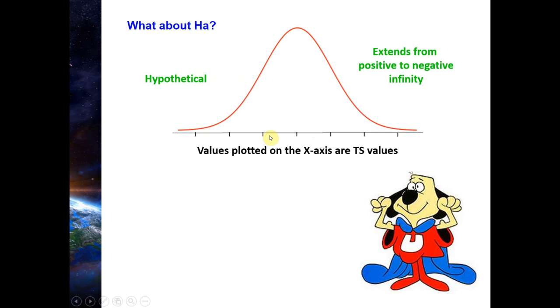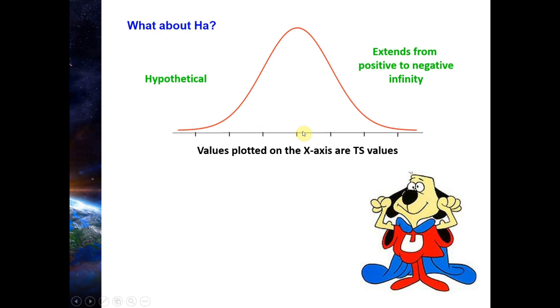Now, if you're paying close attention, you might have realized something peculiar, because I have said HO extends from positive to negative infinity. HA also extends from positive to negative infinity. Well, that means both HO and HA are going to have values of the TS in common, right? And that's true.